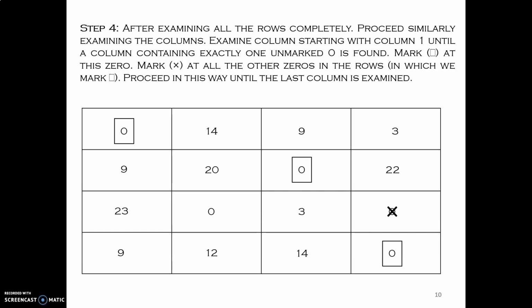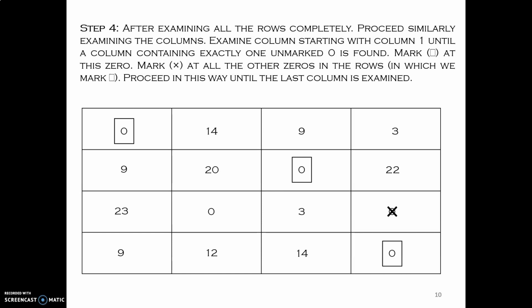Suppose in row number 3 there are two zeros, right? So how do I assign the square in that? In that case I have to look back at the cost matrix and see which zero has the lowest number. So I'll be assigning the job to the one with the better cost effectiveness.